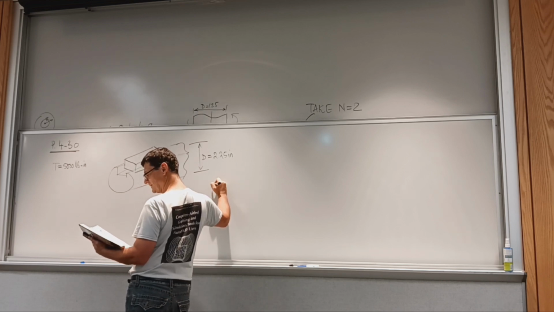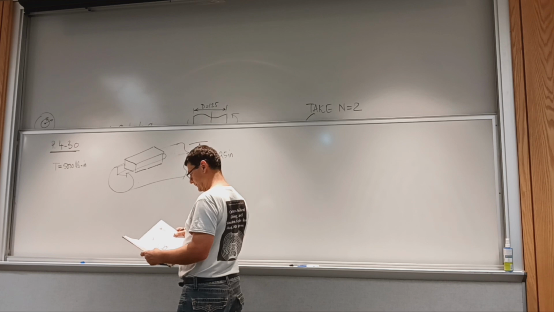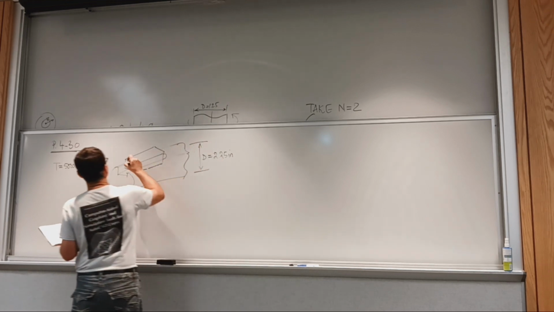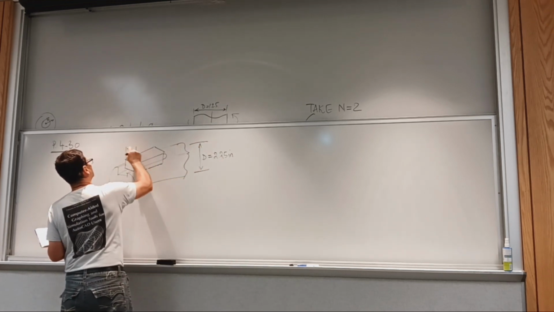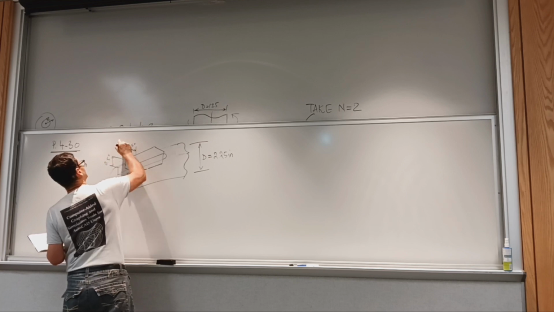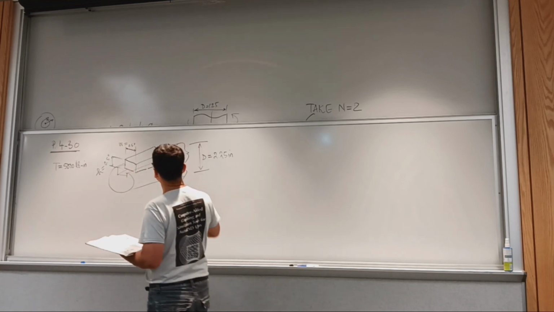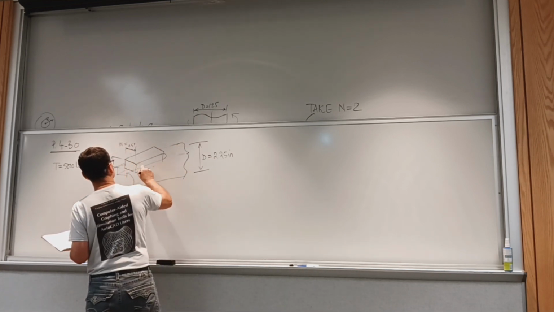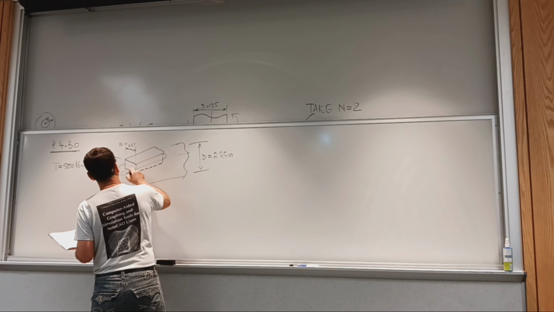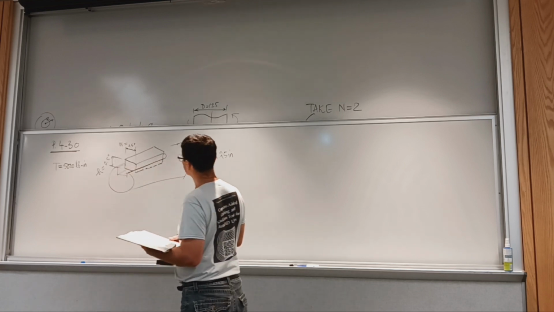Usually at this size, they're square. So this is 0.5 inches, and the height is 0.5 inches. This we call W. This we call H. Notation from design of machine elements. This is an invisible line, and this is the side of the key.